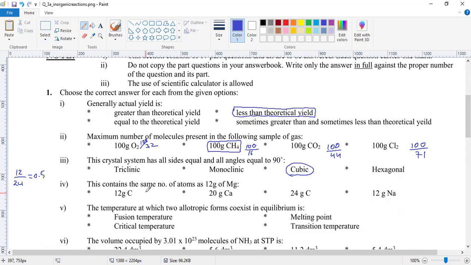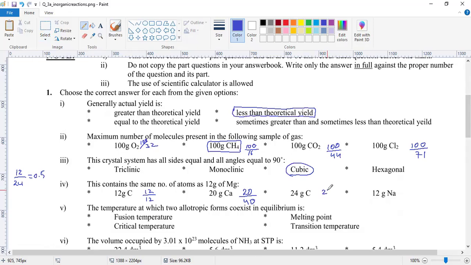Now see here, a similar case: 12 divided by 12, because 12 is the mass and 12 also is the molar mass of carbon. And here it is 20, but the atomic mass of calcium is 40. So this would be the answer because it is also 0.5, it is also 0.5.